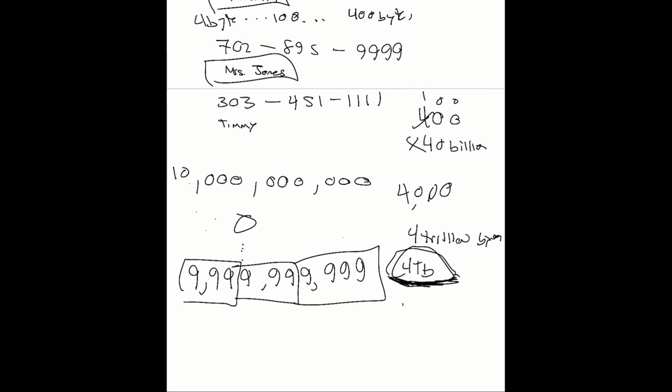Now, what's the advantage of this array? The advantage of this array is that if I want to access somebody's phone number, I can just put the index.